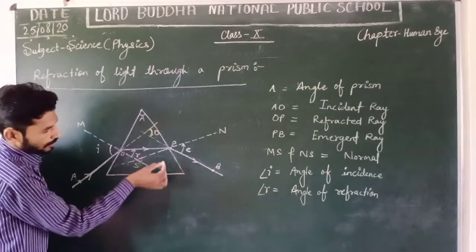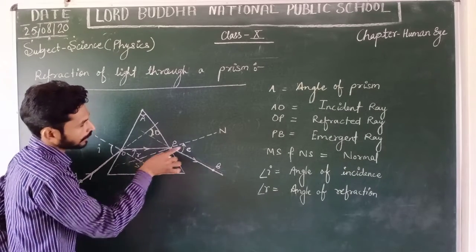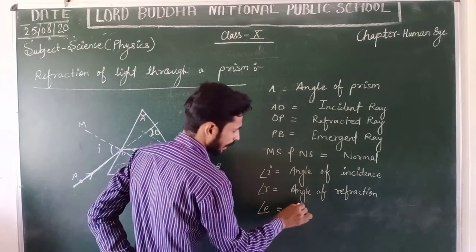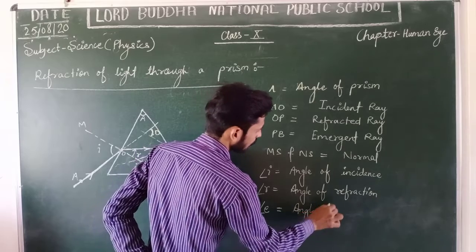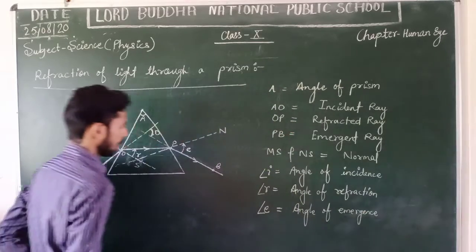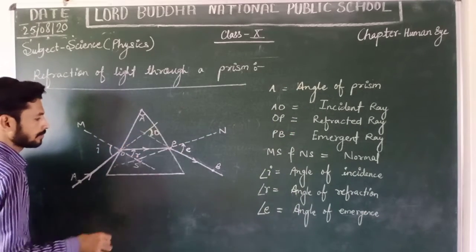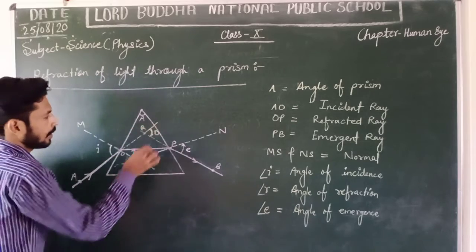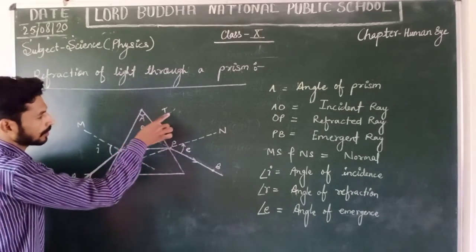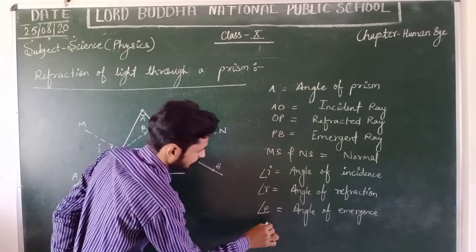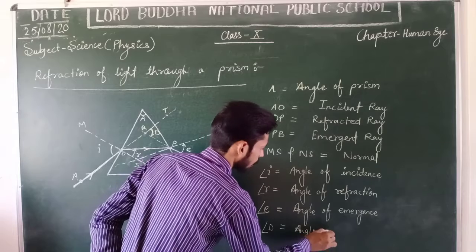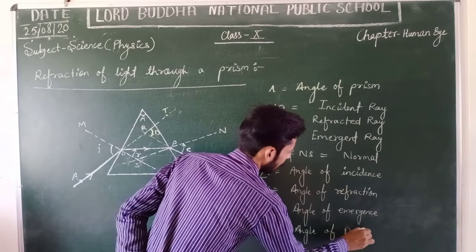And there is an angle BPN, that is E. Angle E is the angle of emergence. And take the point R, and the next point T. So angle PRT is angle D. Angle D is the angle of deviation.